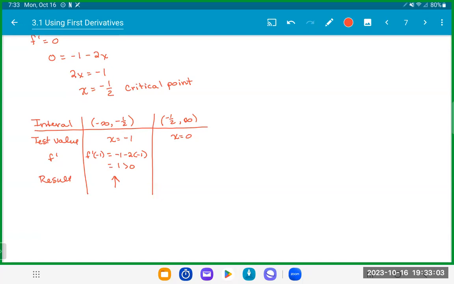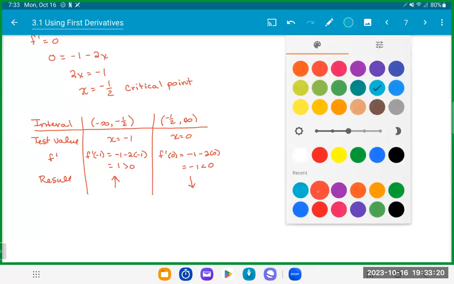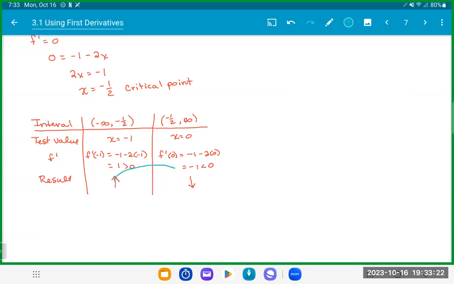For the second interval, my derivative evaluated at 0 gives me -1 minus 2 times 0. So that is -1, which is less than 0. So my graph is decreasing. Very similar, right? So that indicates that I have a relative maximum.